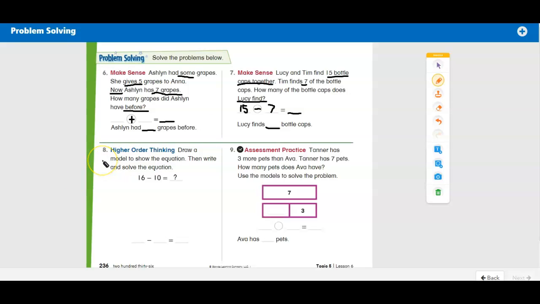On number 8, it wants you to draw a model to show the equation. Then write and solve the equation. Our equation is 16 minus 10 equals question mark.